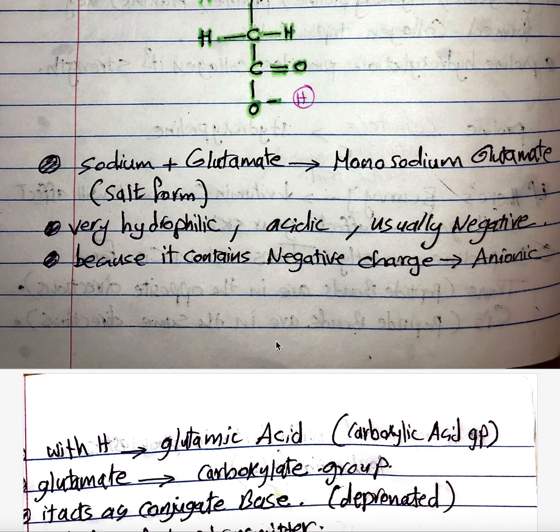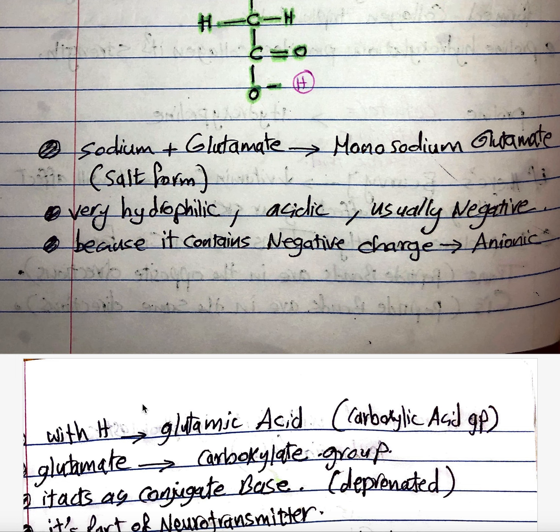Another thing about glutamate: with the H, it forms the carboxylic acid group, glutamic acid, and the glutamate has the carboxylate group. That is the difference. If there is H here, then it's glutamic acid, and this group is known as the carboxylic group.